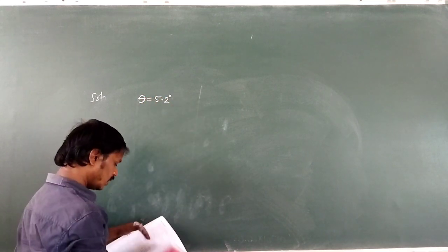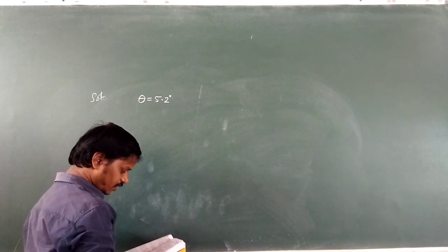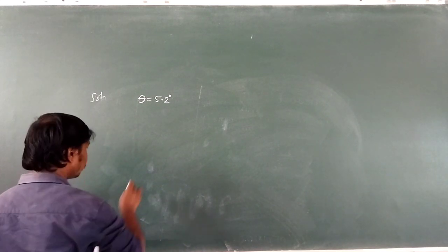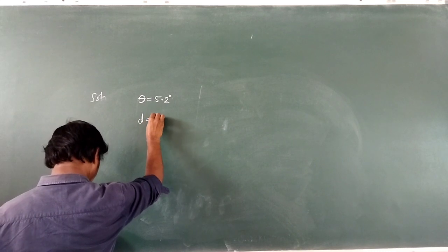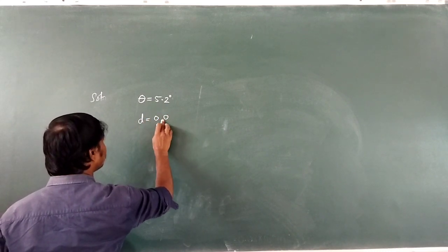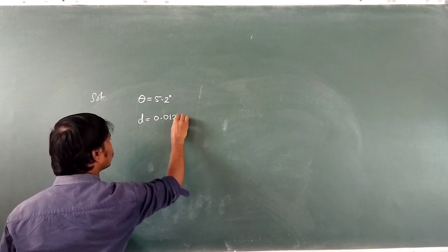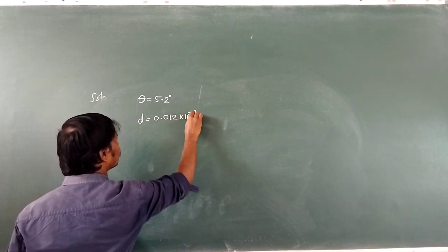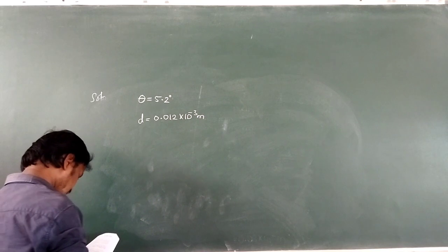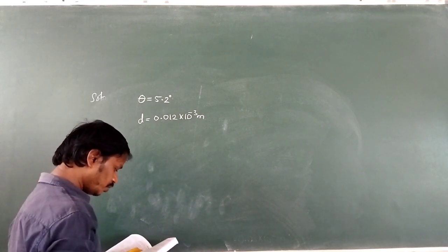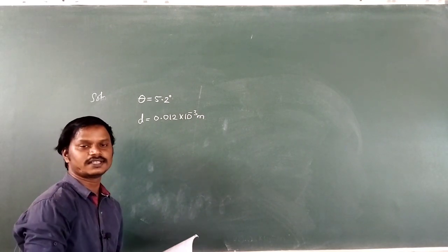Then the width of the slit is given, that is d is equal to 0.012 millimeter. Millimeter in terms of meter, that is 10 to the power of minus 3 meter. Then what is our aim? Our aim is to find the wavelength of the incident light.